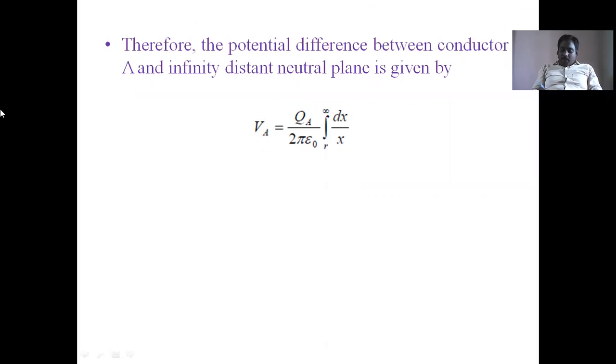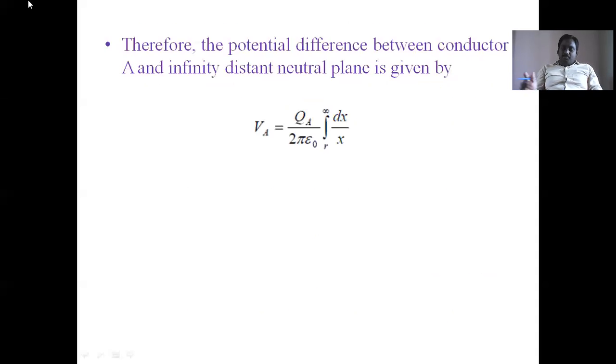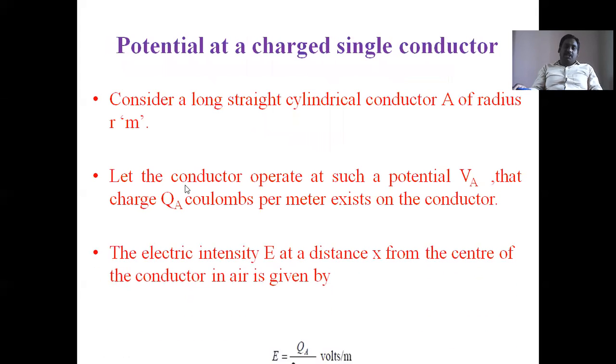So the potential VA is QL by 2 pi epsilon naught integral from r to infinity of 1 by x dx. This is the expression for VA, and the earlier one is the expression for E.